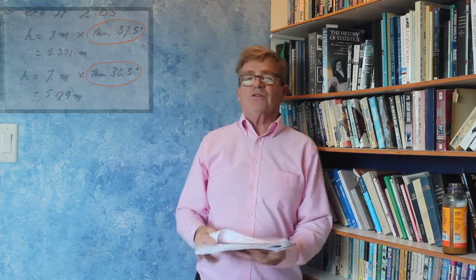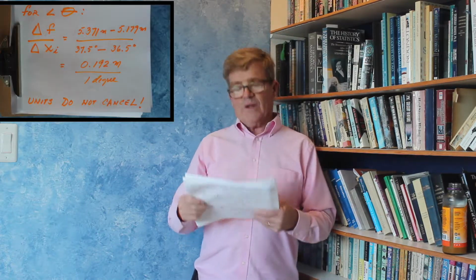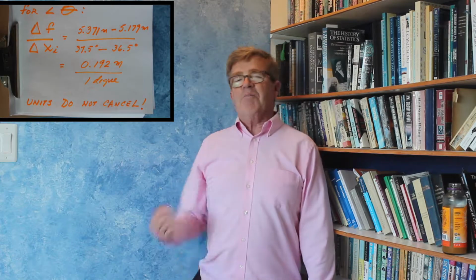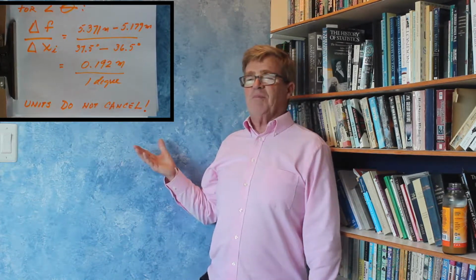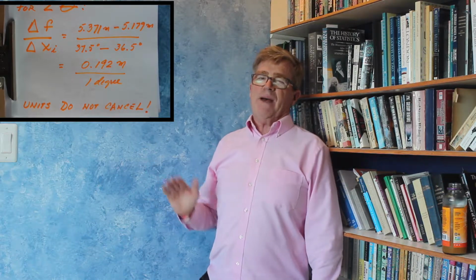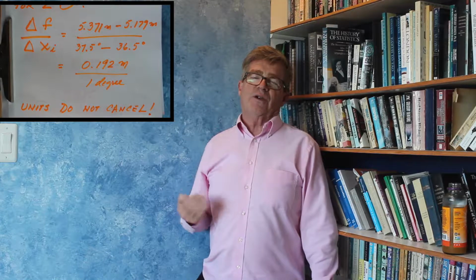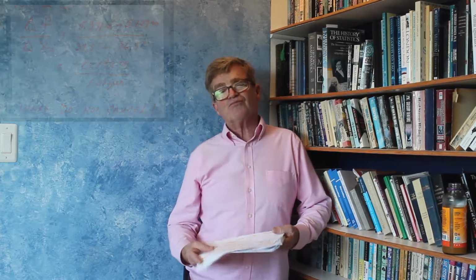Okay, so we can simplify again in the same way we did the first time. Only this time what we come up with is 0.192 meters per degree. Notice that the meters per degree doesn't drop out. Now, is this going to mess us up when we go ahead and do our uncertainty budget? We'll just have to wait around and find out.